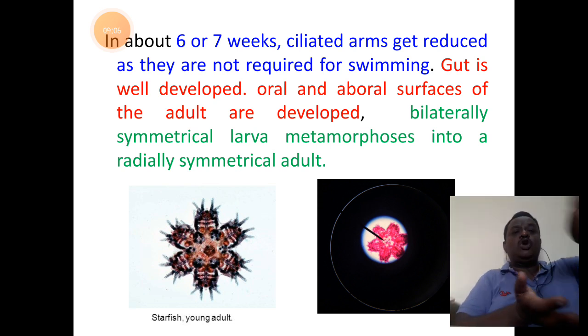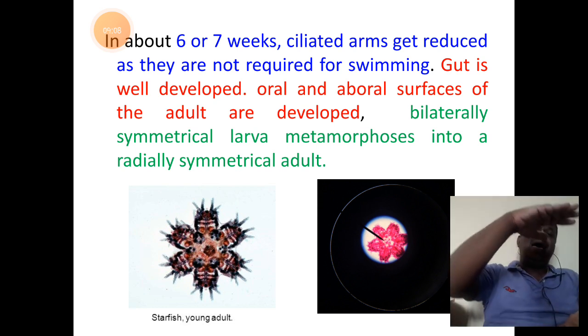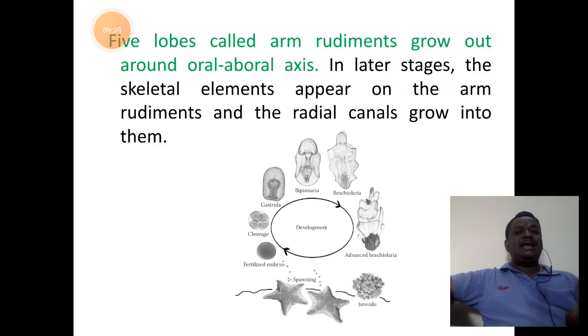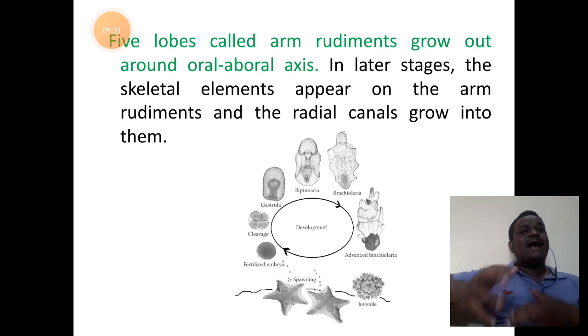The body becomes oral and aboral axis arrangement, and the bilateral symmetrical larva becomes radially symmetrical adult. So axis of formation of oral to aboral is seen. Body which was transparent now becomes opaque. You cannot see the content inside. So these are all the changes that the organism starts forming in it.